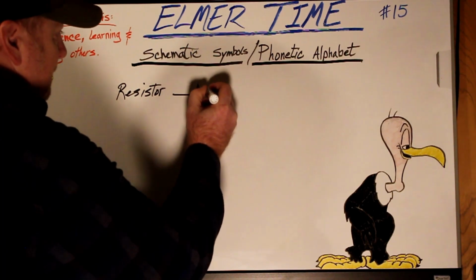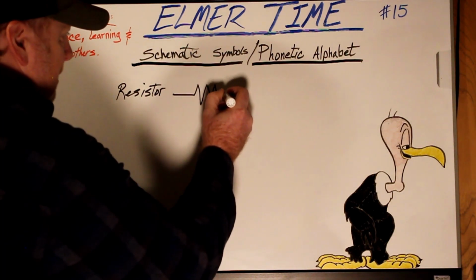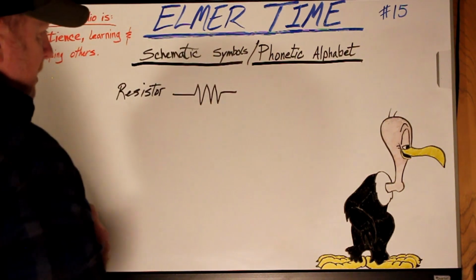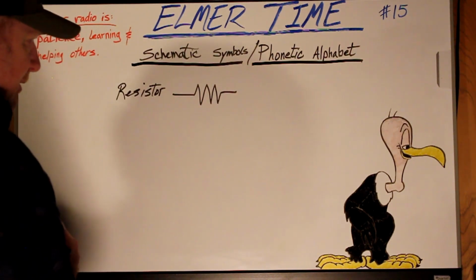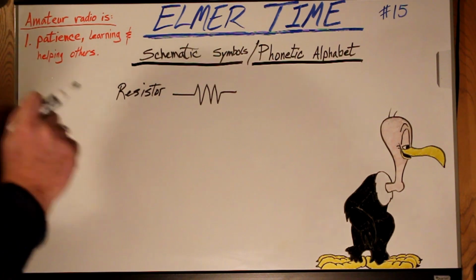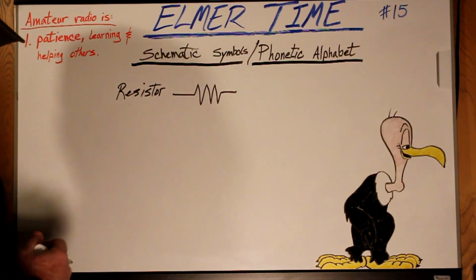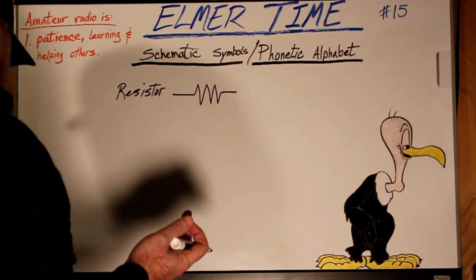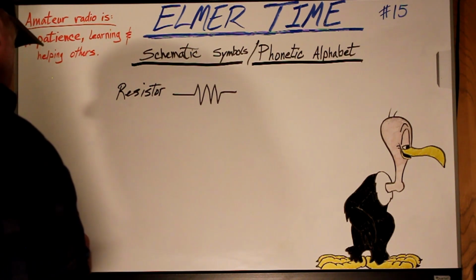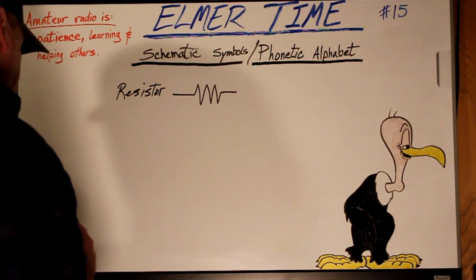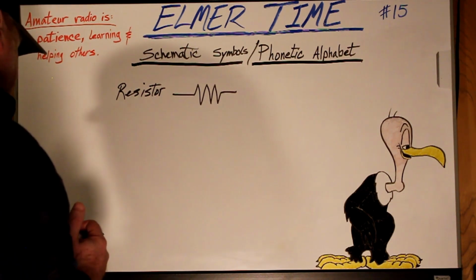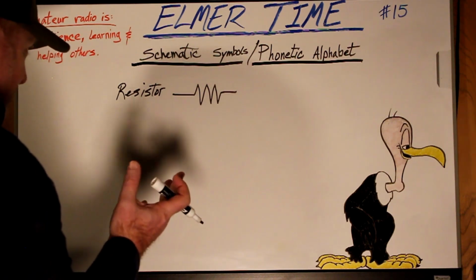The schematic would look like that for a standard resistor. Of course, what a resistor is for is to reduce current flow, adjust levels and signals, and it is also a voltage divider.